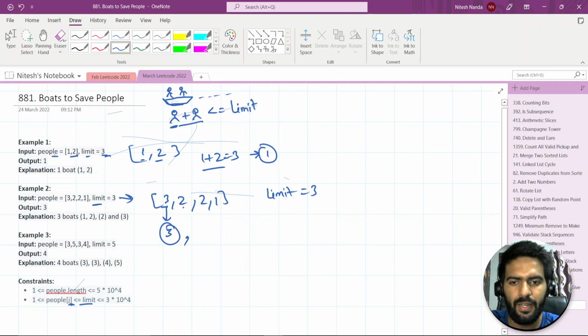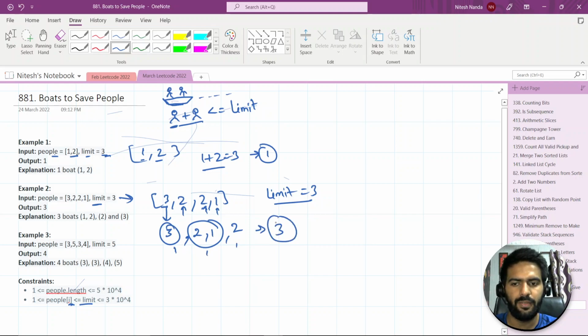Similarly, 2 plus 2 is equal to 4, so we can't take it, but we can take 2 plus 1 equal to 3, which is less than or equal to our limit. They can sit in a boat, and the last 2 goes alone. So how many boats do we require? 1, 2, 3, so it is equal to 3.